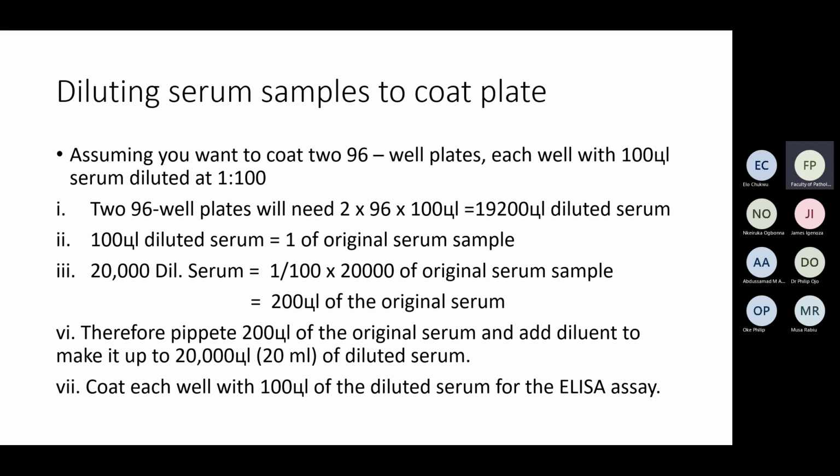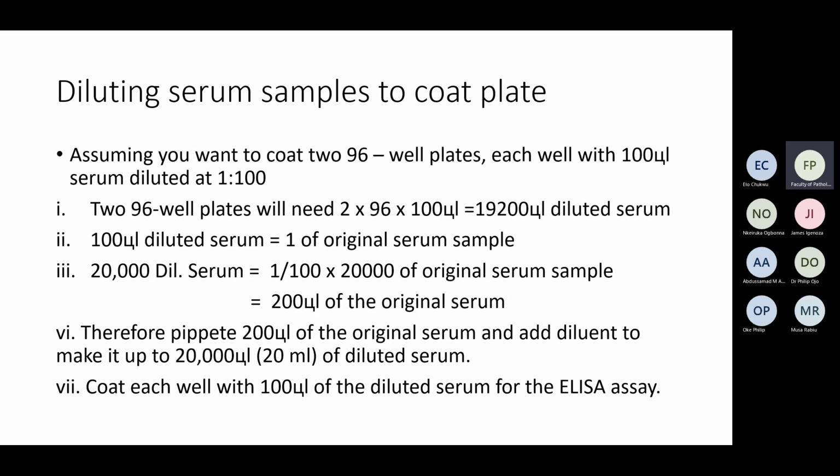Now, when you are doing the lab work, you don't work with the exact amount. You usually want to work with a figure higher than what you need, because when you are pipetting, there are going to be some wastages.